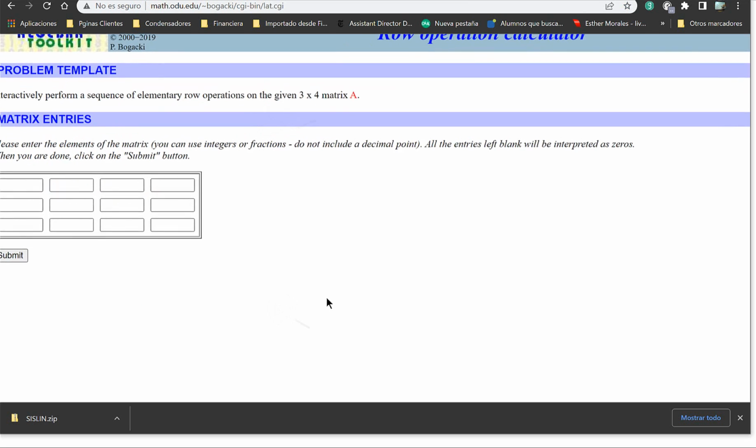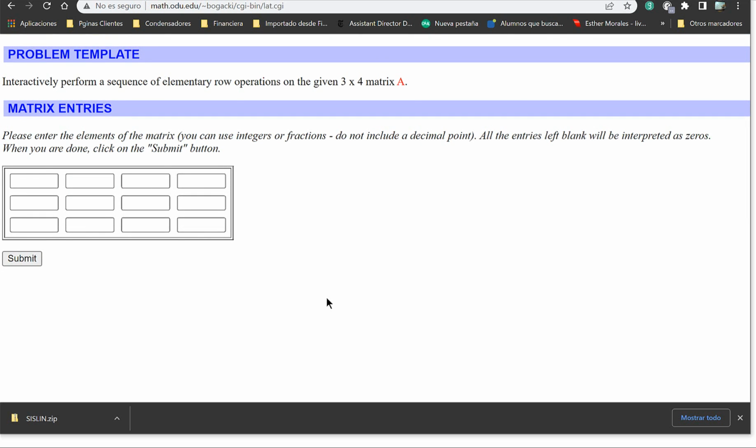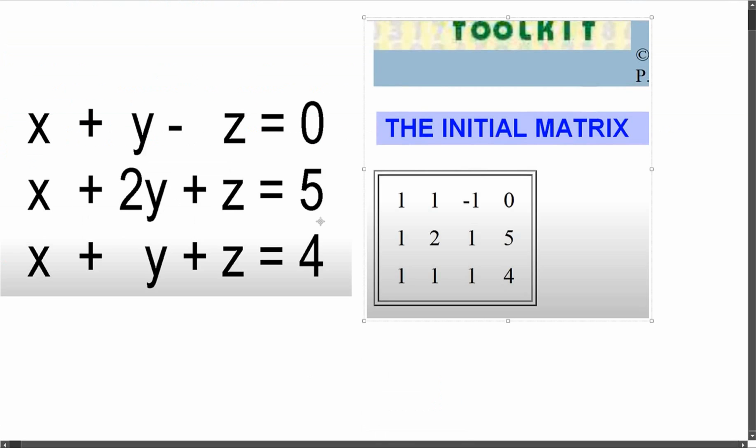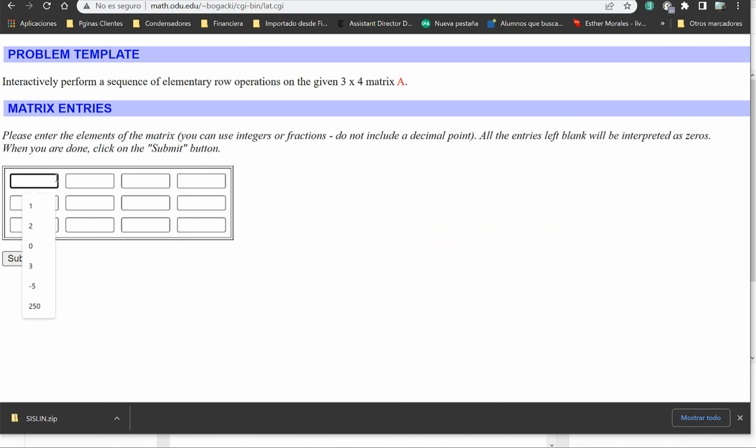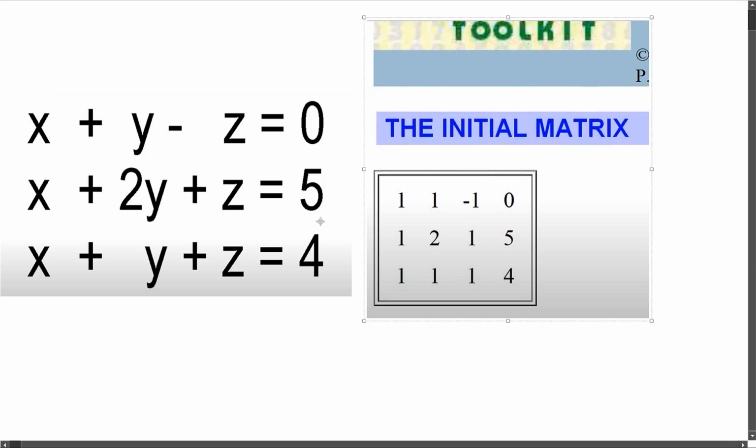Now, let's give to this web page the numbers that we have here. First row: 1, 1, minus 1, 0. Second row: 1, 2, 1, 5.